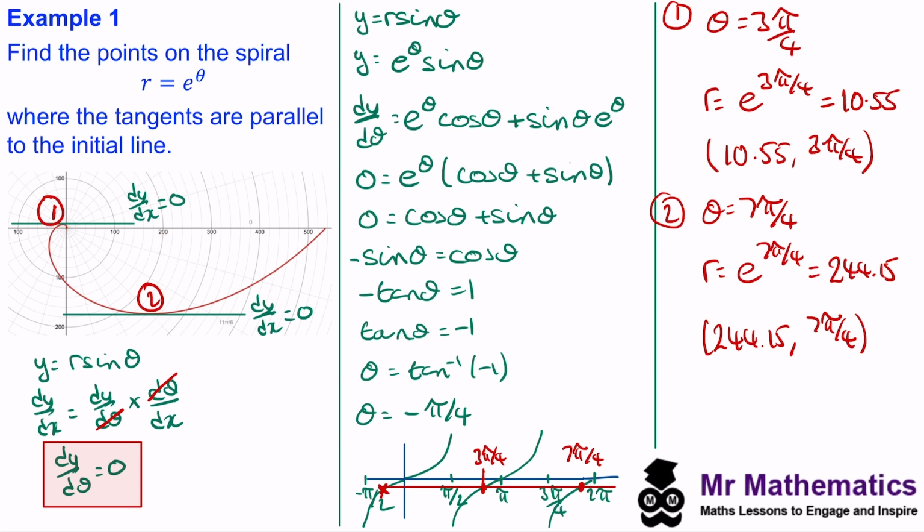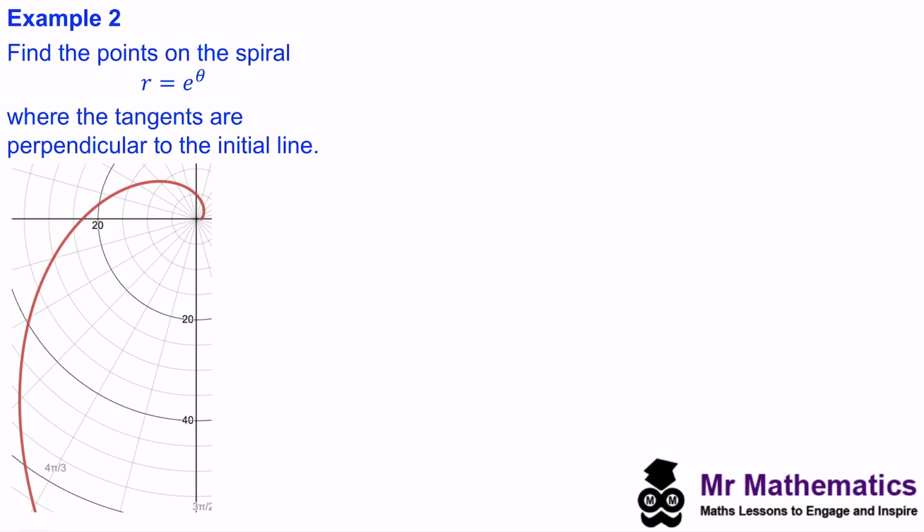Okay? In example 2, we're going to look at where the tangent is perpendicular to the initial line. Okay, so in example 2, we still have the spiral r equals e to the power of theta, but this time we've been asked to find the points where the tangents are perpendicular to the initial line. So we're looking at this point here and this point here. And you can see that for each of these lines, because the tangent is perpendicular to the initial line, now we have dx by dy equals 0.